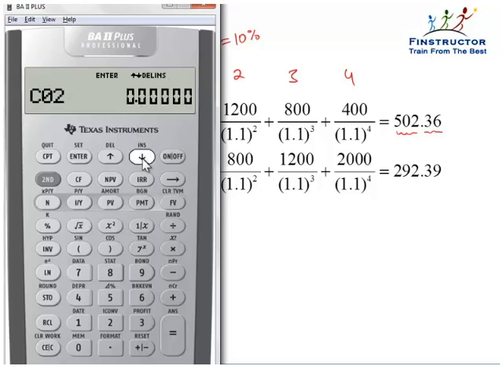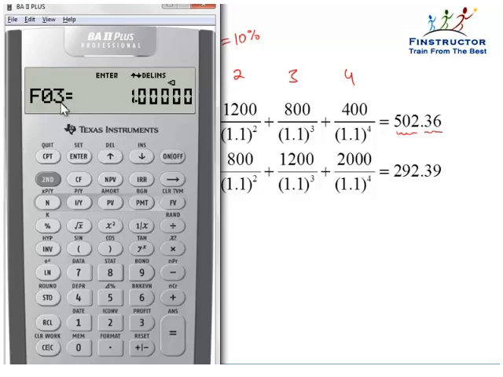down further to C02. The cash flow at the end of year 2 is $1,200. So press 1200 and press enter. Scroll down again, let F02 be equal to 1. At the end of year 3, we're getting $800.